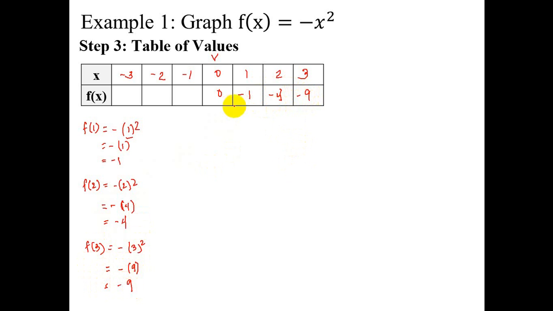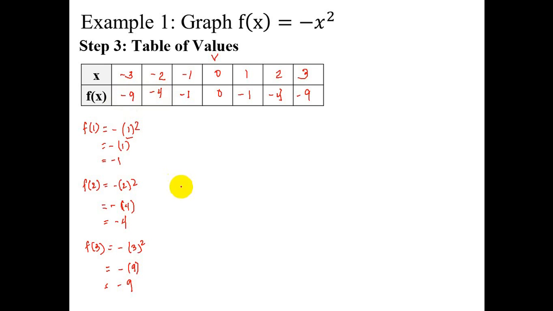So whatever values we have here are also the values on the left of 0. So f of negative 1 is also negative 1. F of negative 2 is also negative 4. And f of negative 3 is also negative 9. So we are able to complete the table of values.